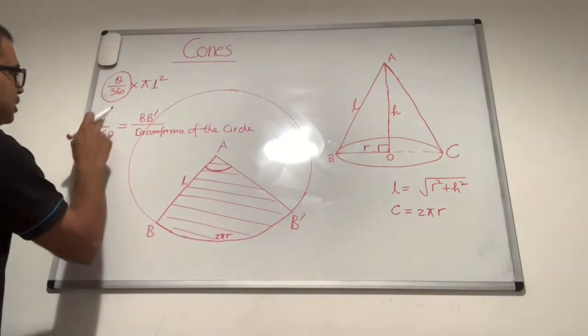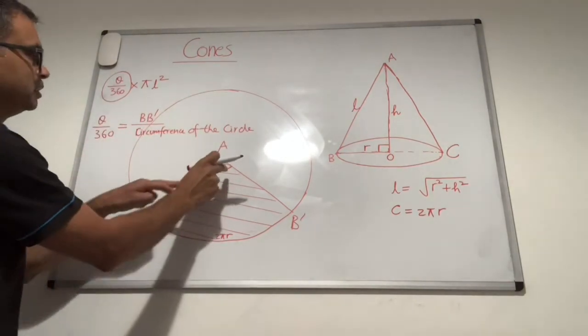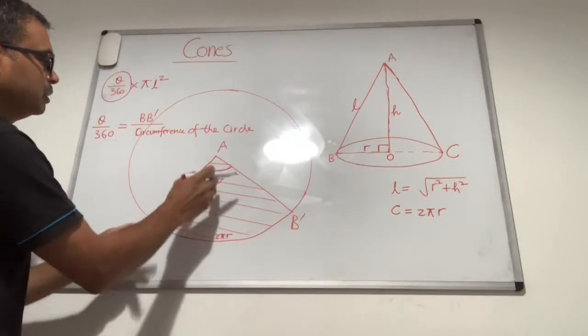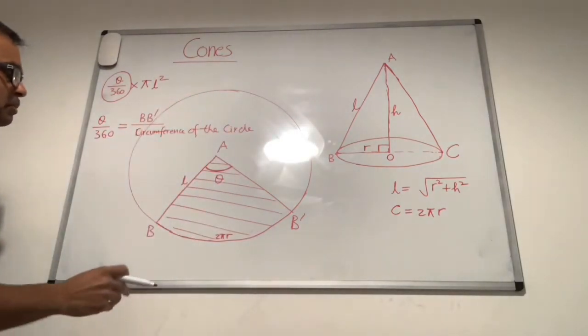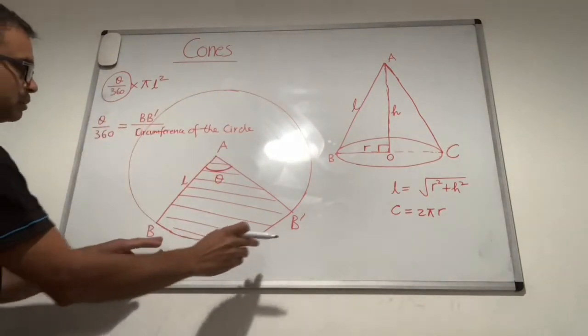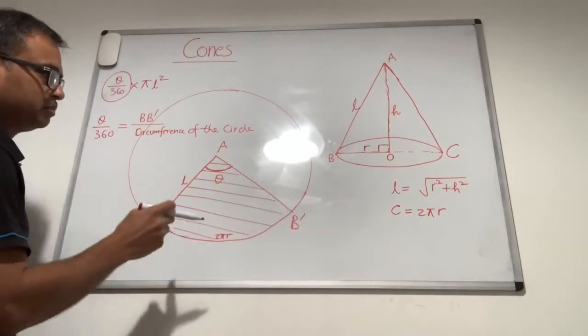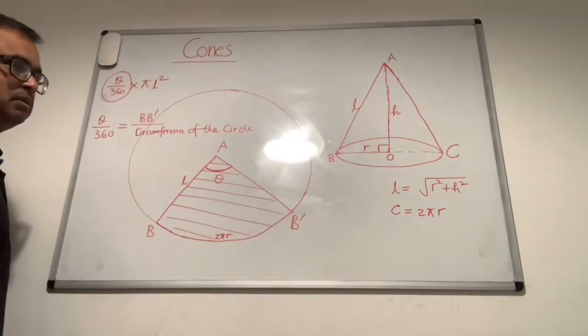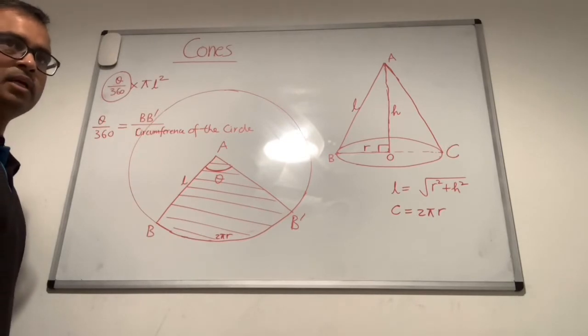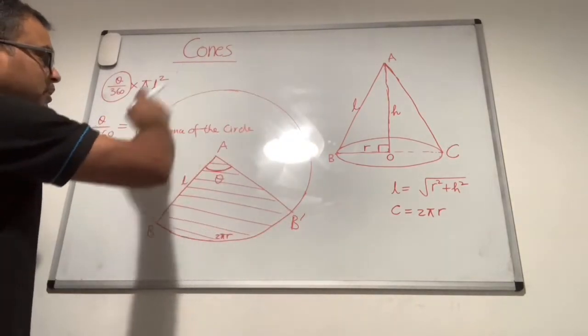Would it be the same or not? Theta by 360 means this angle, this is your theta, by whole 360, this ratio would be equal to this length of the arc to the total circumference of the circle.